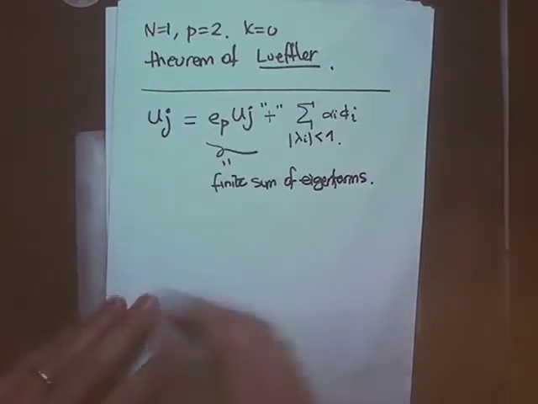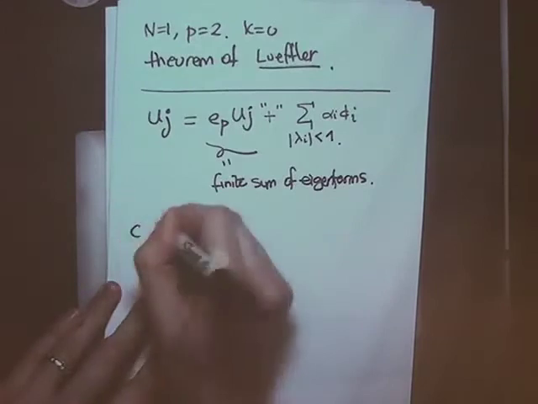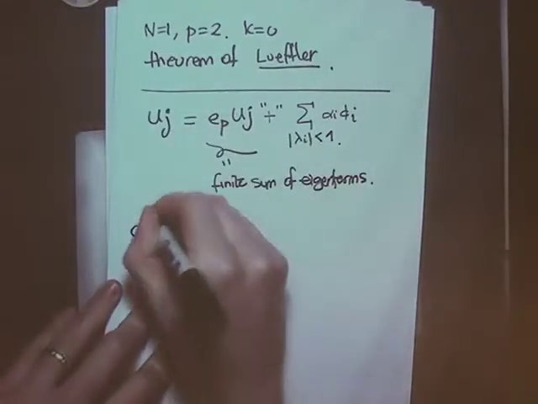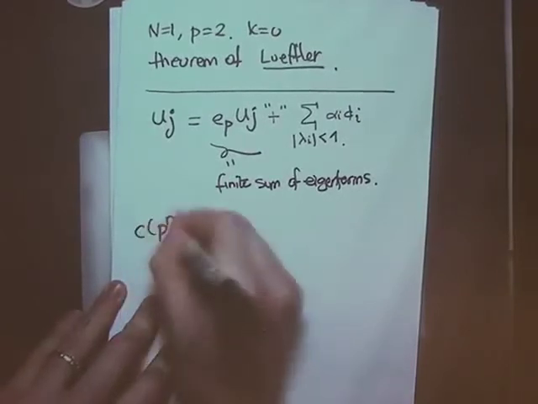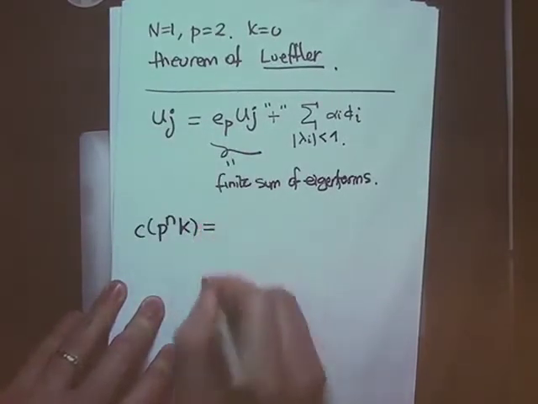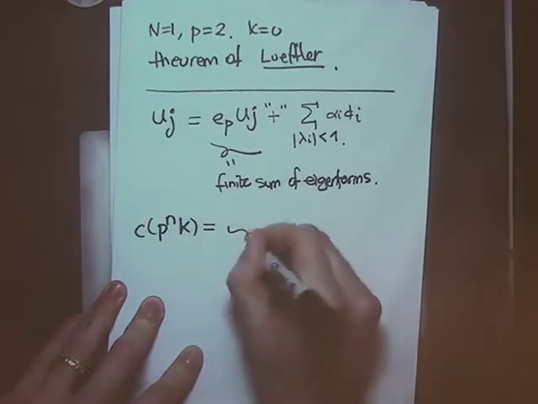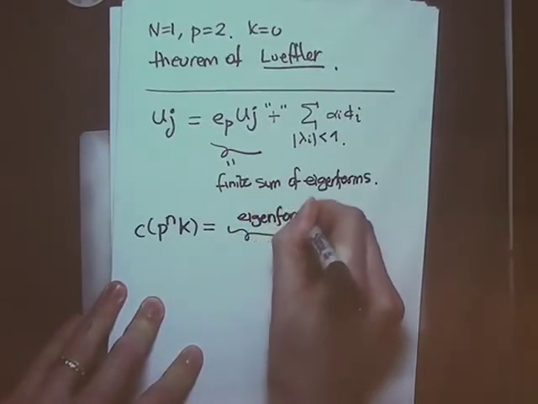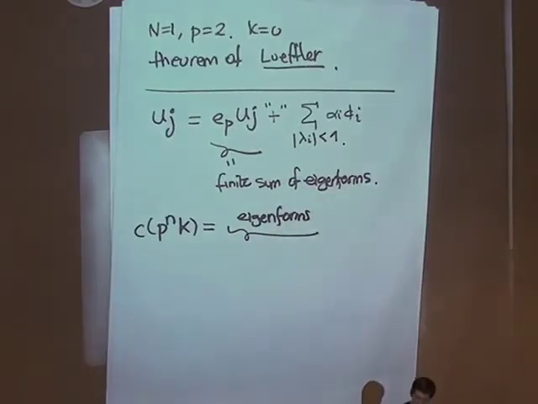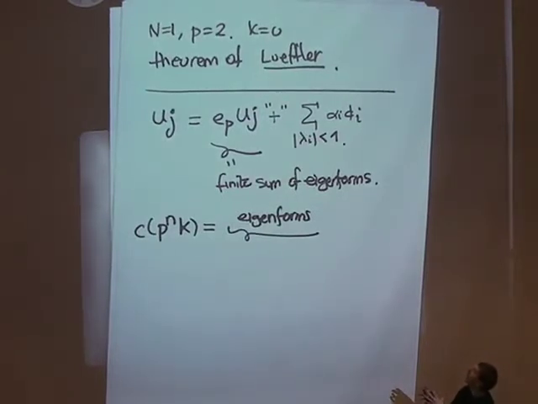And what you deduce, therefore, is if you iterate U on this expression, you would deduce, for example, that c(p^n k), where c are the coefficients of j, on the one hand gives you some finite sum corresponding to the eigenforms. When you apply this U operator, you still have the same eigenforms. But then this other expression is vanishing and going to 0 at some fast rate. How fast a rate? It just corresponds to what the biggest eigenvalue is.